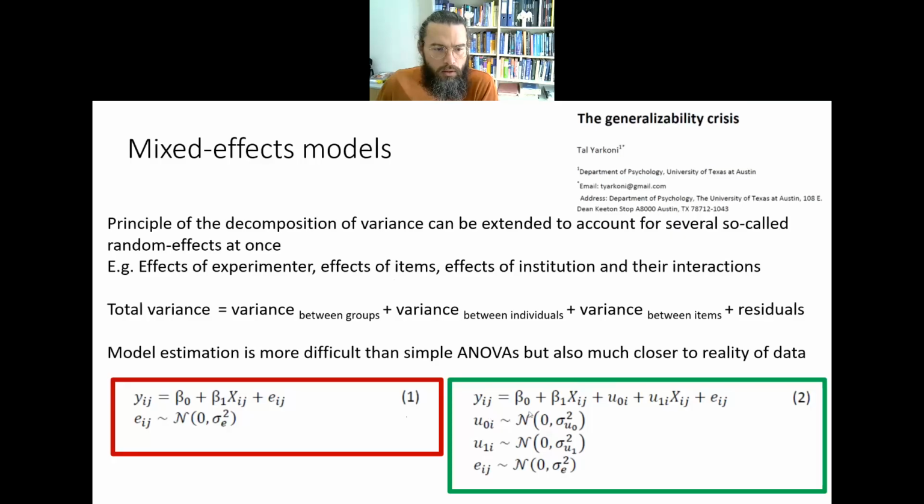You may see here the assumptions put in a clear way for you in the case of the formula. Here you only assume that the random noise will follow a normal distribution with this variance. But here you have not only the random noise, but also all kinds of random effects as well. So you also expect them to vary or to be sampled from a population.